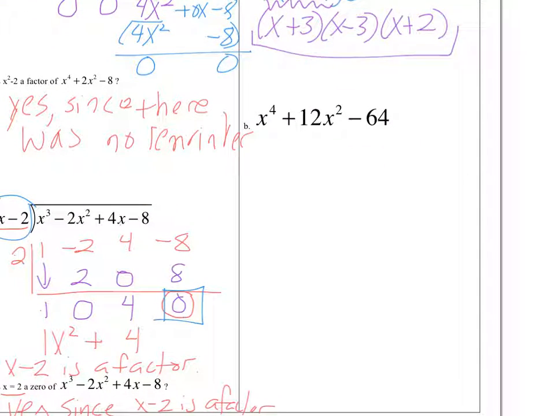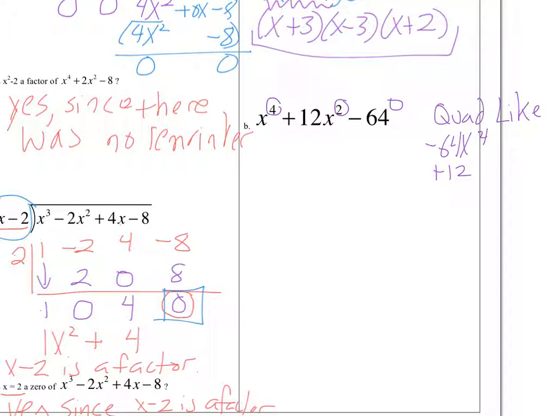This last guy, if I take a look here, I've got x to the 4th and an x squared and then nothing. This is going to be quadratic-like. And it's quadratic-like because that first power is twice as big as the second power. We've got just a number at the end. So I'm going to do my a times c, so minus 64 x to the 4th. And I'm going to add up to 12.